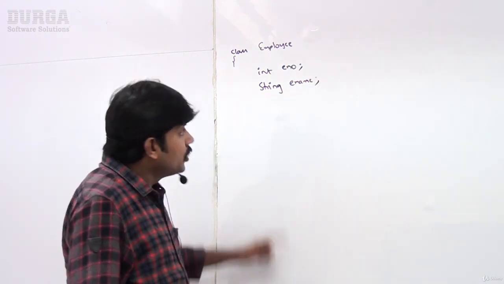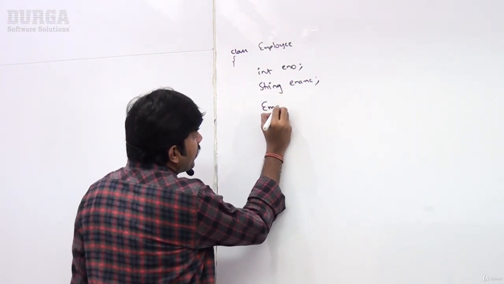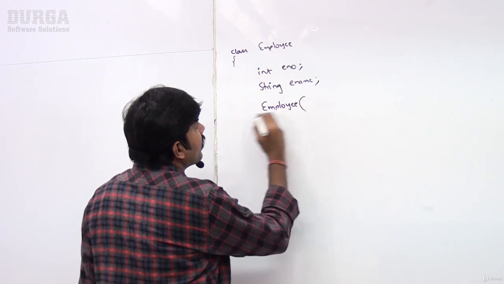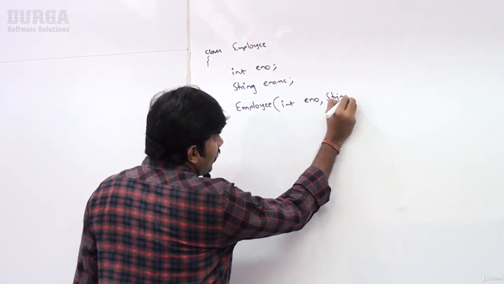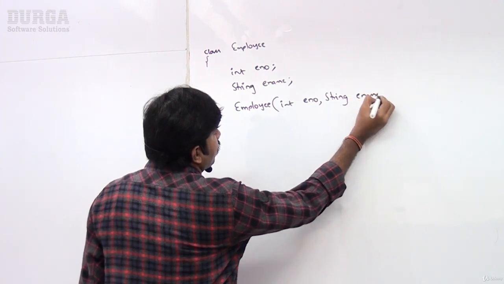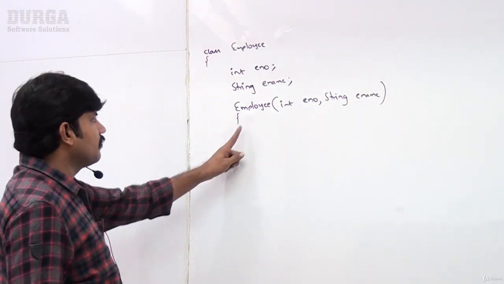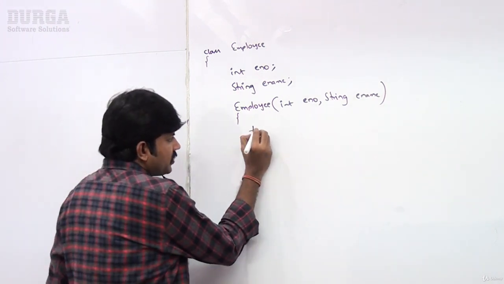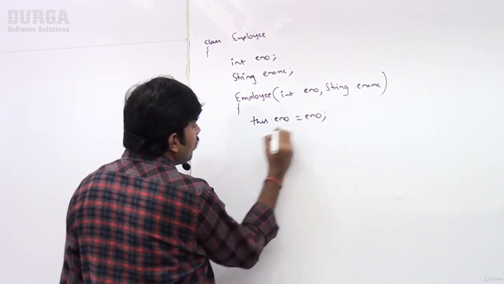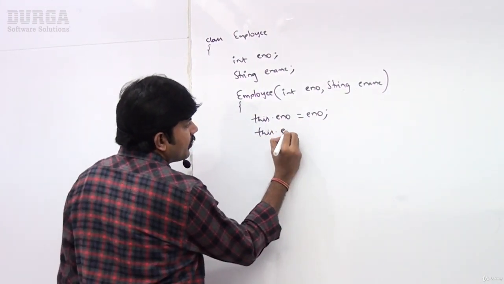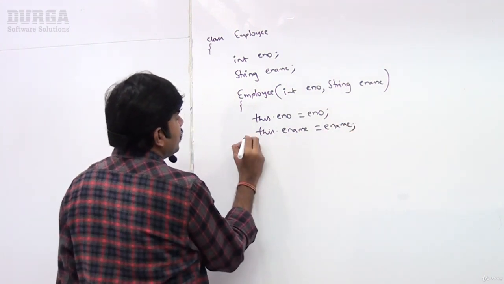Now I am taking a constructor, Employee(int enum, String ename). this.enum is equal to enum, this.ename is equal to ename.